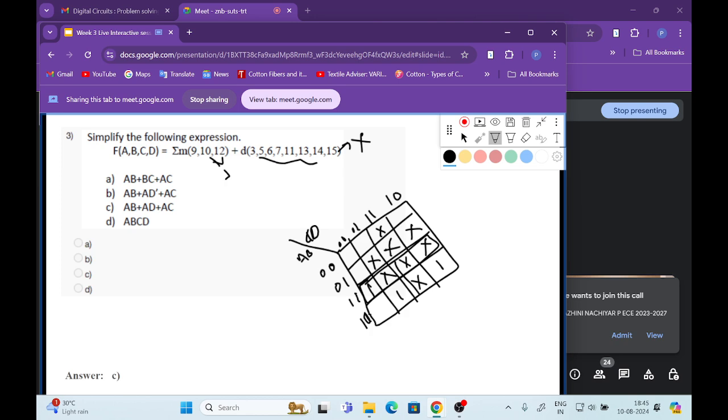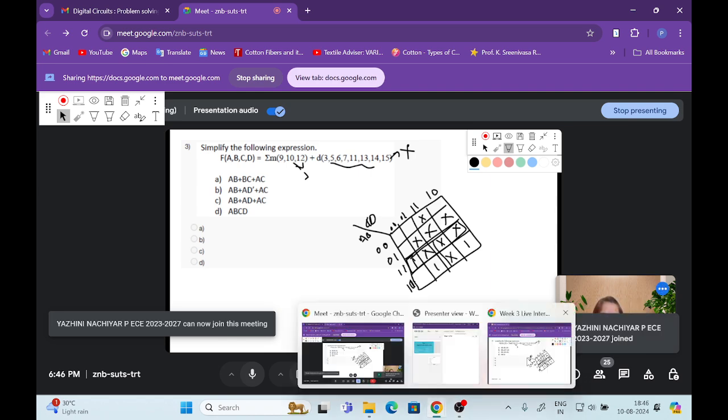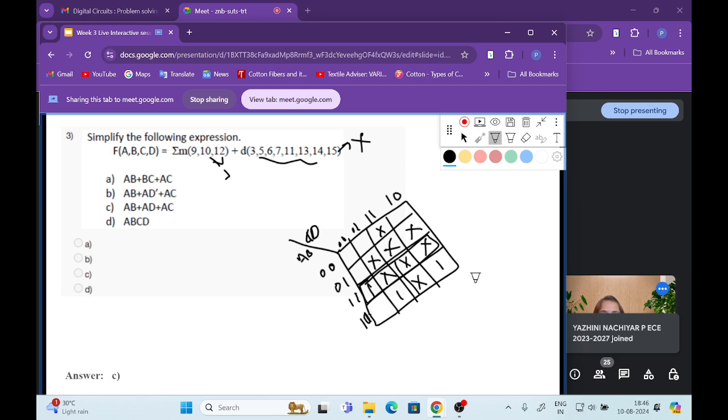Just always remember, if there are only don't care conditions, we don't need to make a pair, but if there are ones, then we can make one. So just cover all the ones.